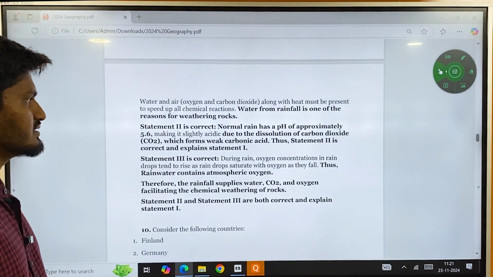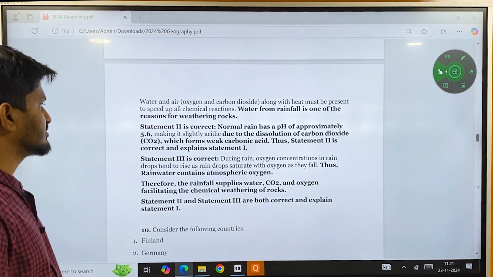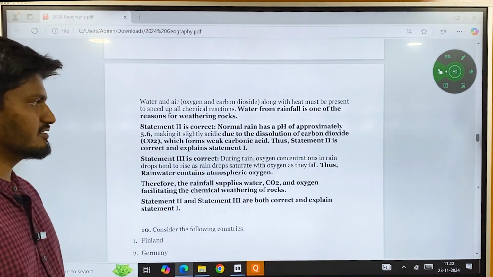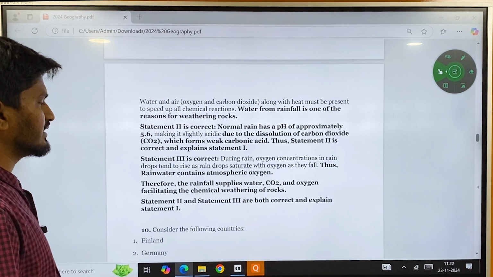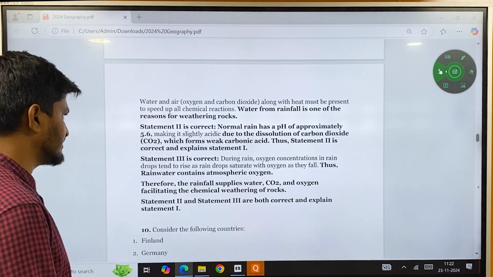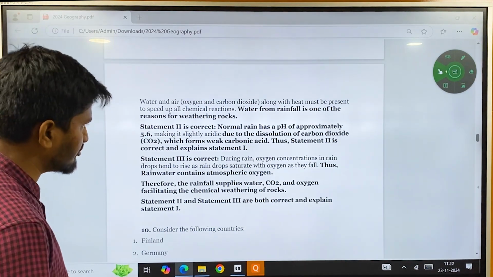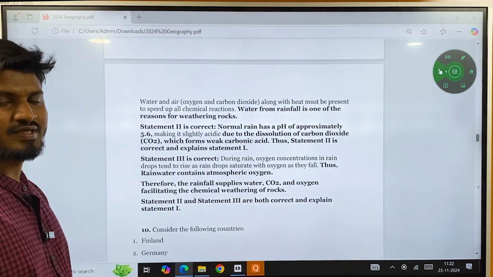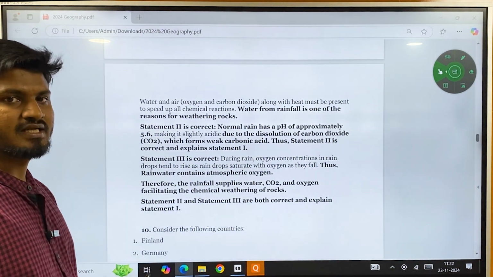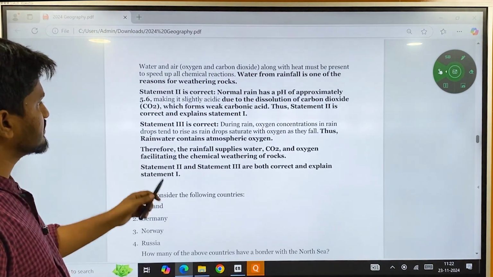Normal rain has a pH of approximately 5.6, making it acidic, because of the dissolution of carbon dioxide in rainwater, which forms weak carbonic acid. That is why pH is less than 7, meaning it is acidic. And then statement number 3 is also correct.